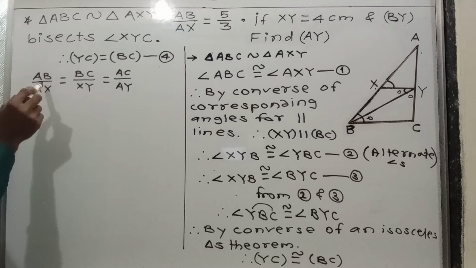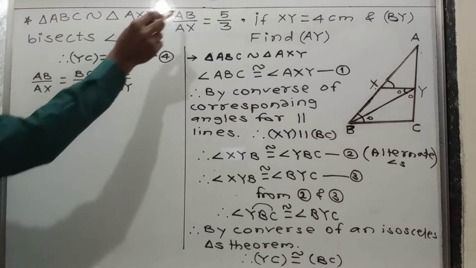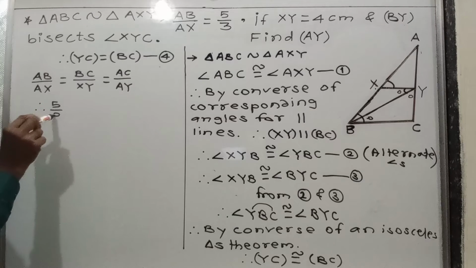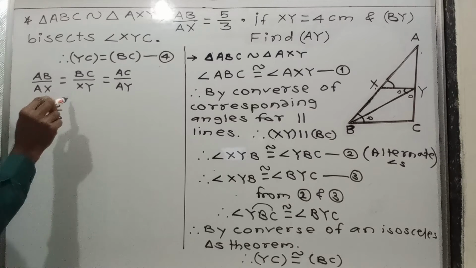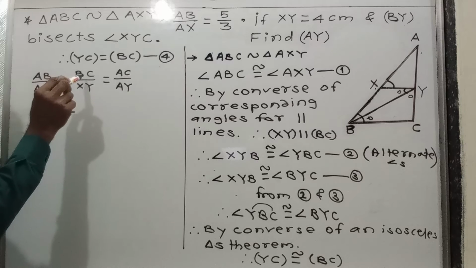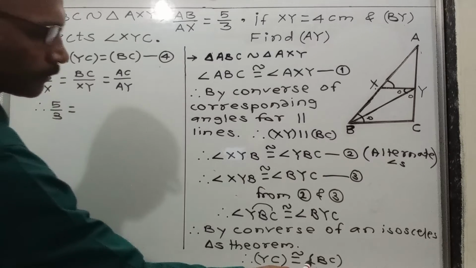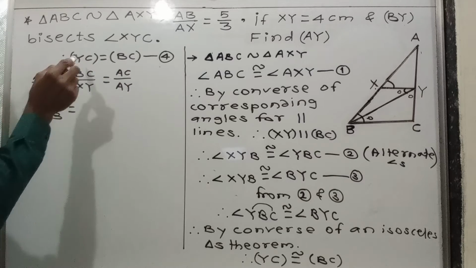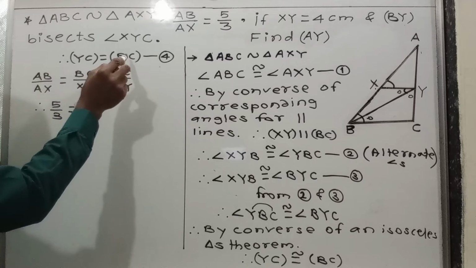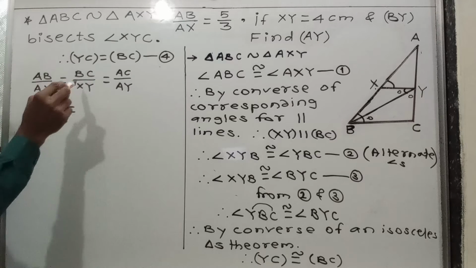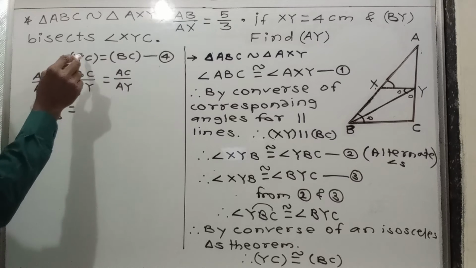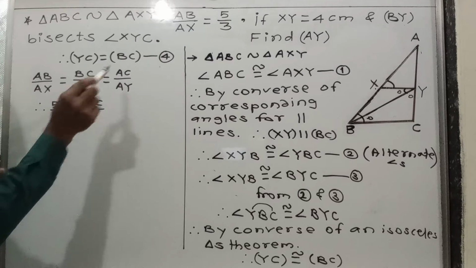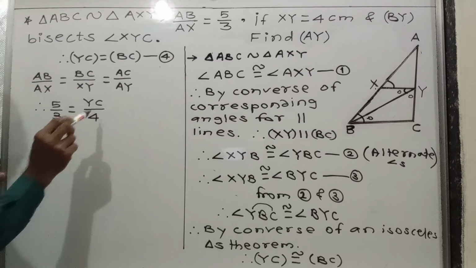Now we put values. AB upon AX is 5 upon 3, which is equal to BC upon XY. What is the value of BC? BC means YC, so we put YC directly here upon XY. What is XY? 4.